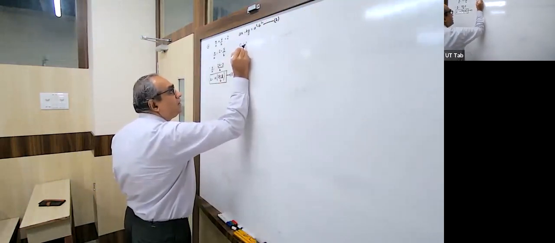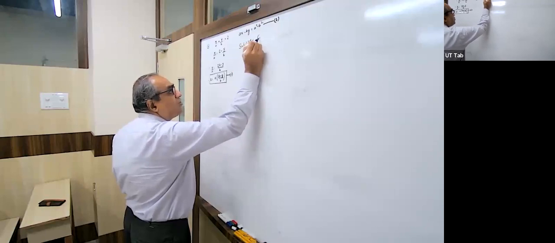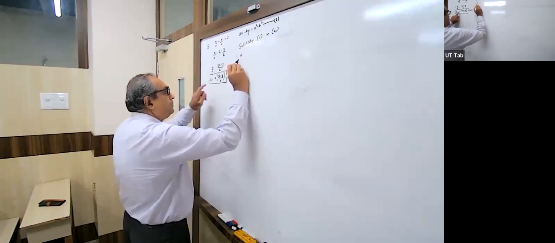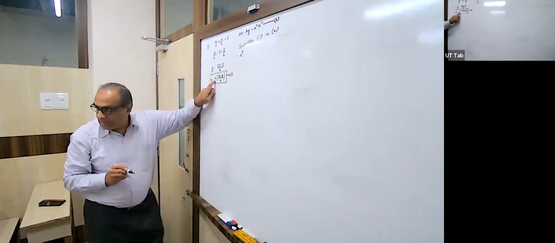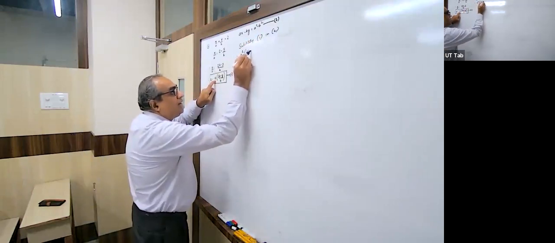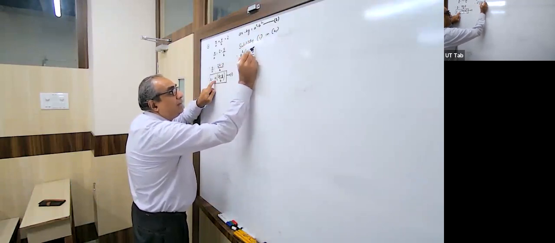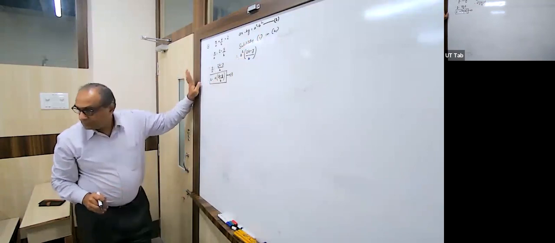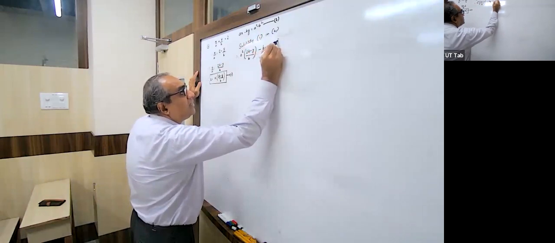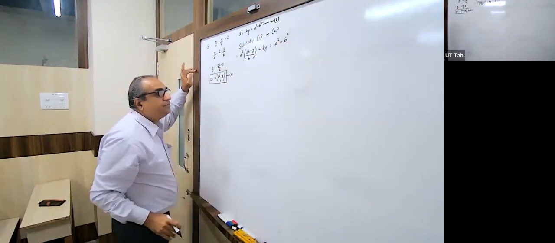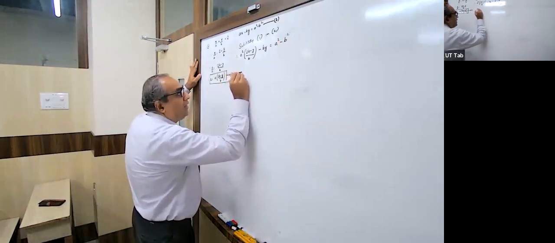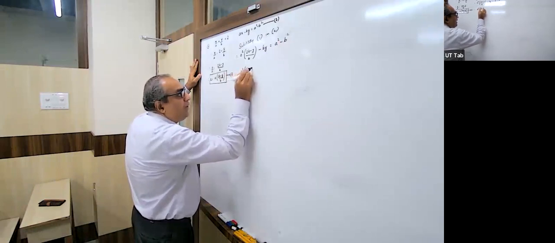Substituting equation 1 in equation 2. A into a becomes a squared, है ना? 2b minus y by b, minus by is a squared minus b squared. I'll take the LCM, which is b.